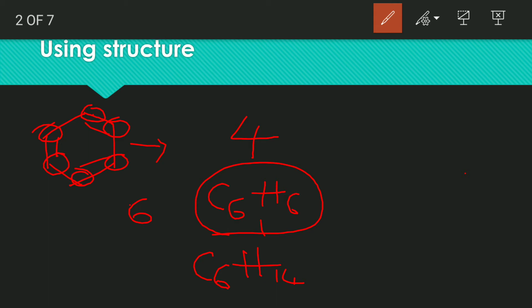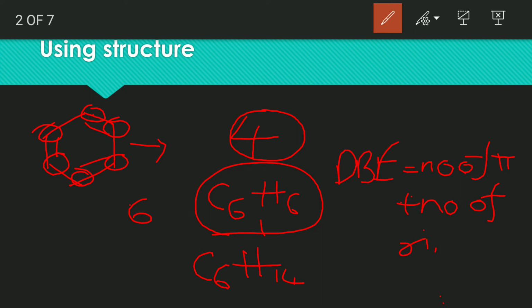Now how to calculate it by seeing the structure? DBE is equal to number of pi bonds plus number of rings. So simple. Here we had 3 pi bonds and 1 ring. So the DBE value is 4.